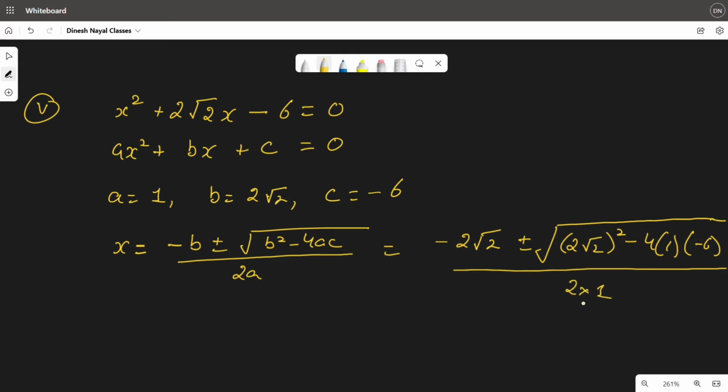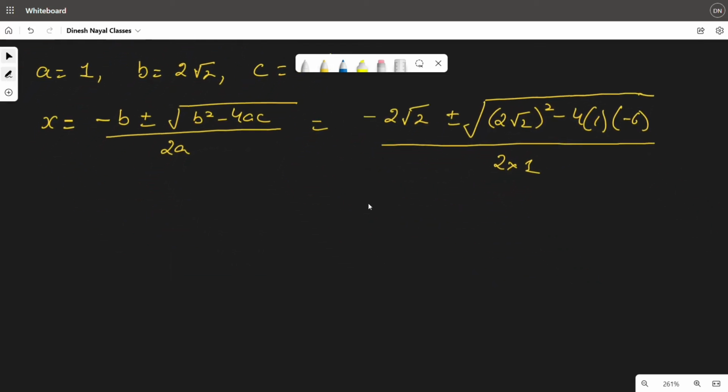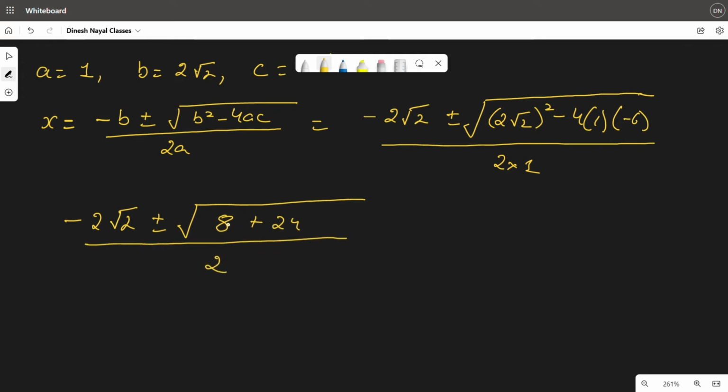So this equals minus 2 root 2 plus minus, now further solving it, 2 root 2 whole square: 2 square is 4, root 2 square will be 2, 4 into 2 gives you 8. So 8 minus minus becomes plus, 6 into 4 is 24, upon 2 into 1 is 2.